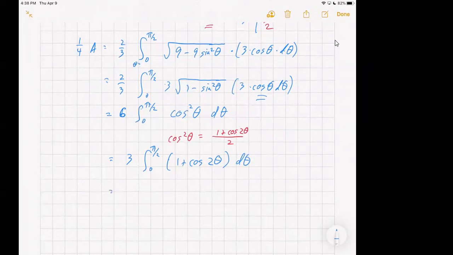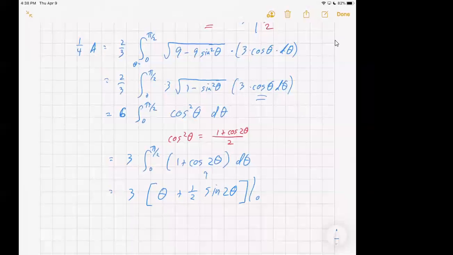At this point, we can take the antiderivative of the integrand. The antiderivative of 1 with respect to theta is theta. If it had been with respect to x, that would be an x. And then remember the quick U substitution, the opposite of a quick chain. So it's 1/2 sine of 2 theta. To check it, we would do a quick chain, and that would bring us back to cosine of 2 theta.